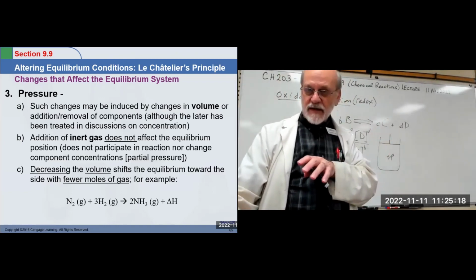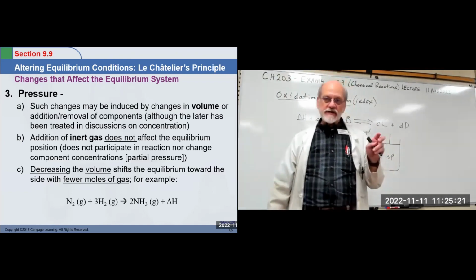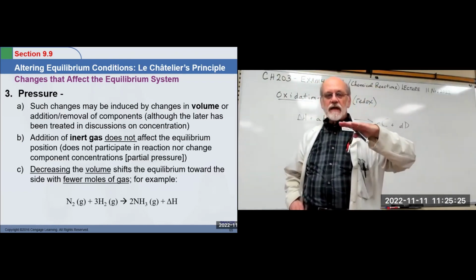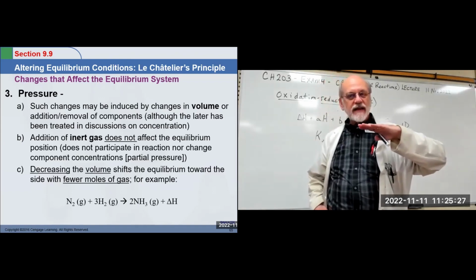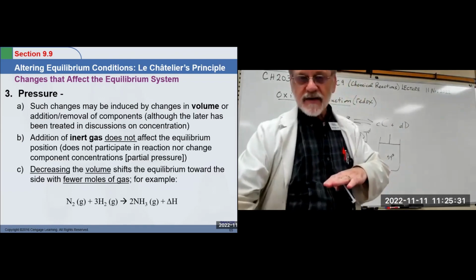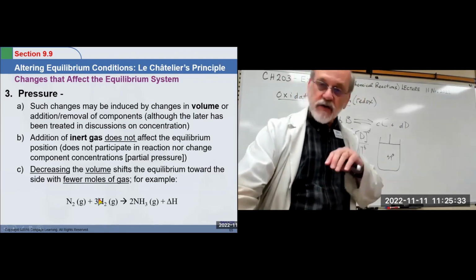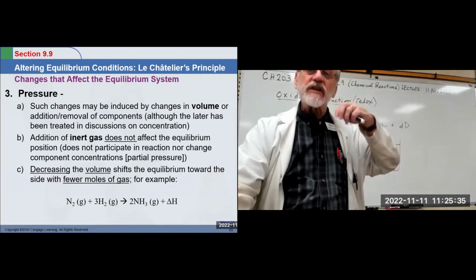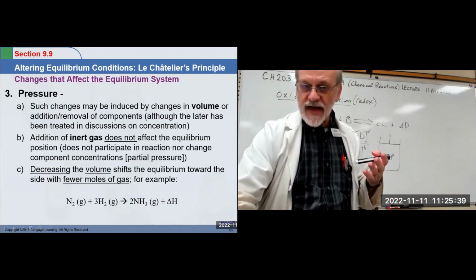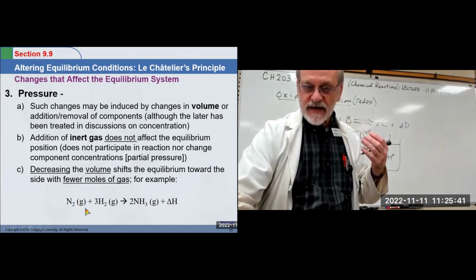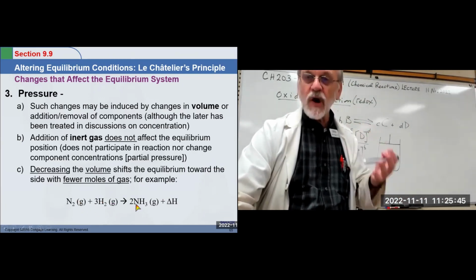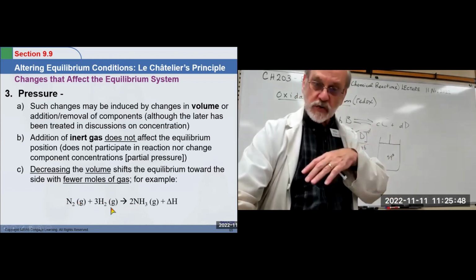If you increase the pressure by decreasing the volume, you're providing less space for the reactants, 4 moles of reactants. So the system responds by reducing the number of moles of gas. And the only way it can do that is to react these nitrogen and hydrogen molecules and make ammonia, because you're going from 4 to 2.